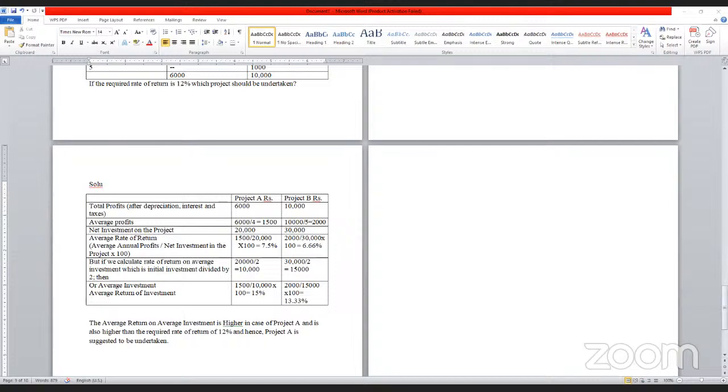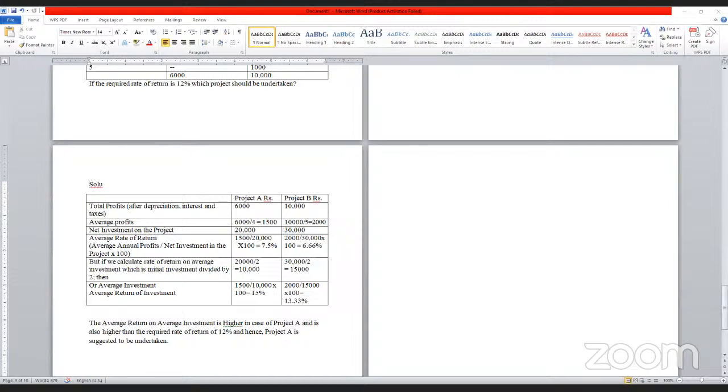The time adjusted or discounted cash flow methods take into account the profitability and also the time value of money. So we have another method called the net present value method, and the profitability index method.